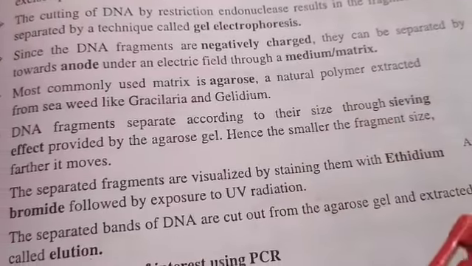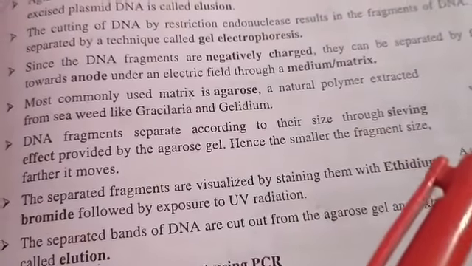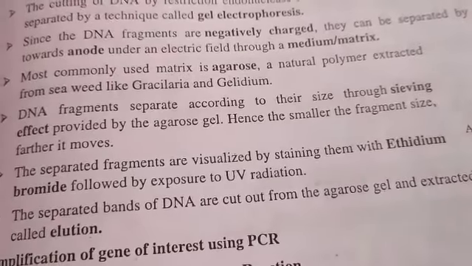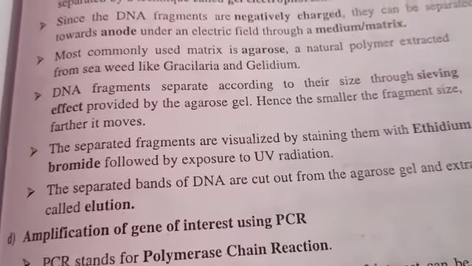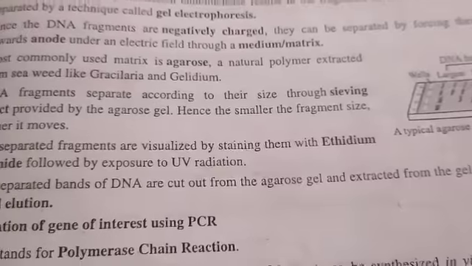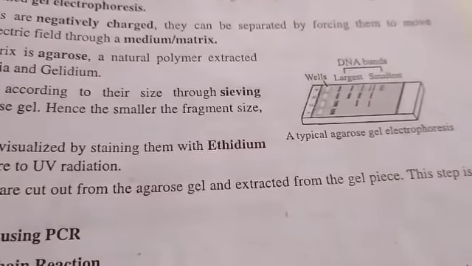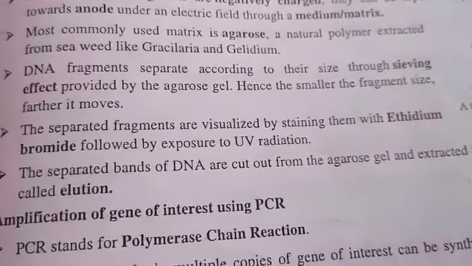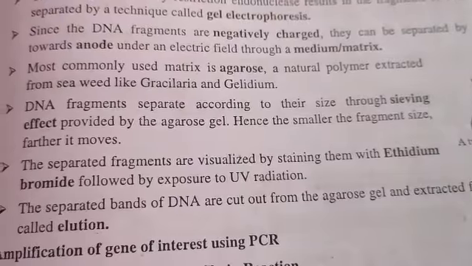They apply a color, ethidium bromide, so that we can see the fragments of DNA under UV radiation. The separated bands of DNA are cut out from the agarose gel and extracted from the gel piece. This step is called elution.